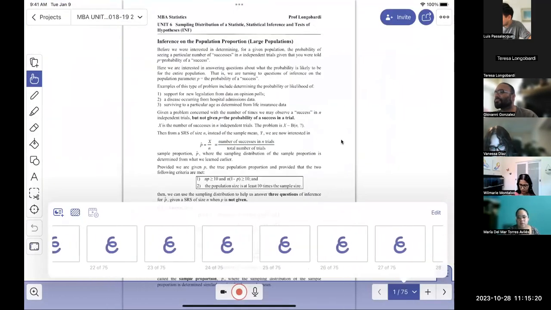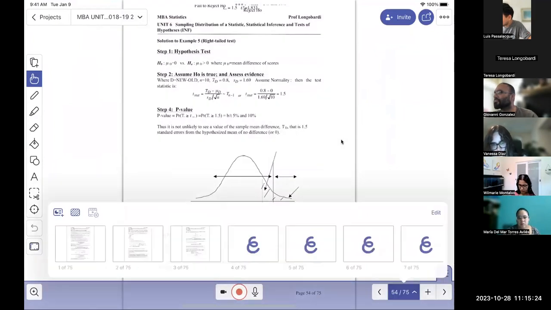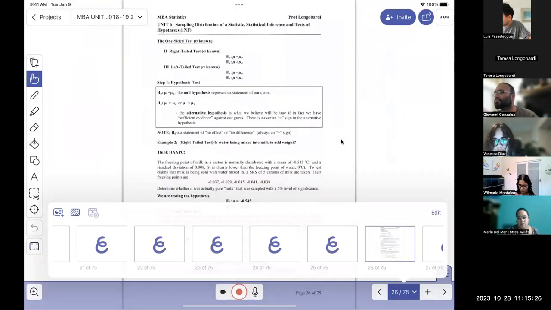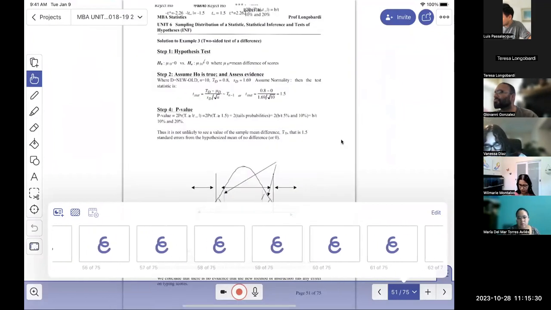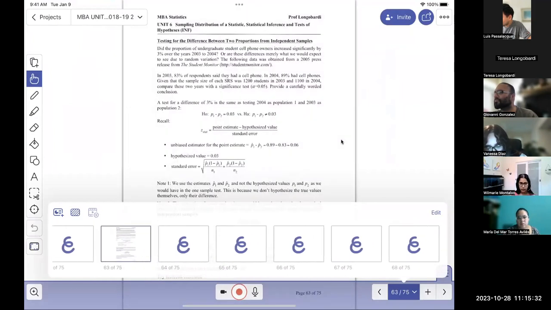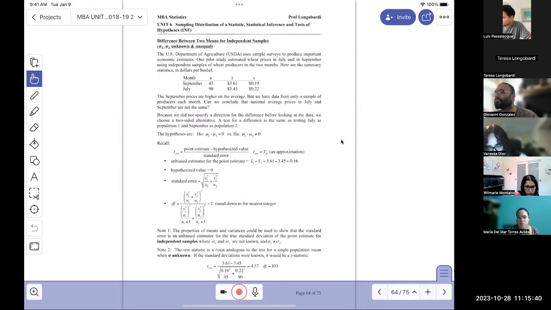I don't want to contradict myself. I did difference of proportions and difference.